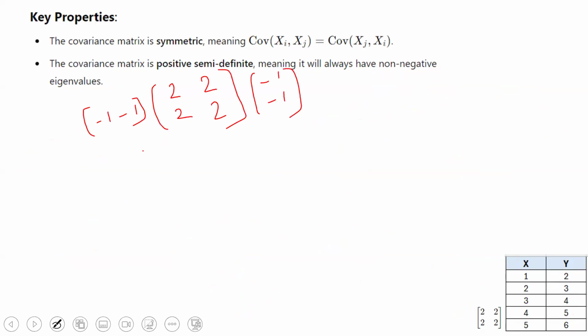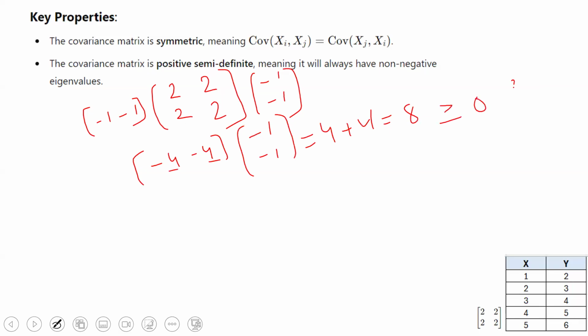So this becomes minus 4 and minus 4, because minus 1 into 2 is minus 2, and minus 2 plus minus 2 is minus 4. When I multiply this with minus 1 and minus 1, this becomes 4 plus 4, which is equal to 8. This is greater than or equal to 0. So the third property is satisfied.